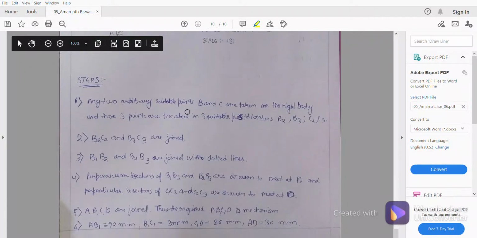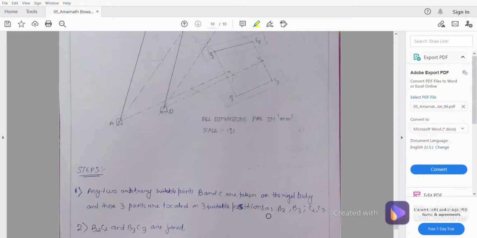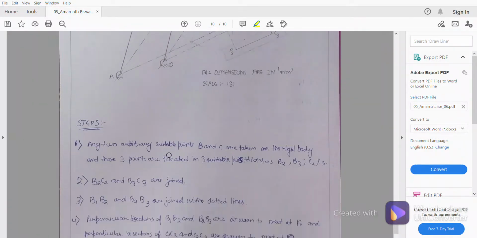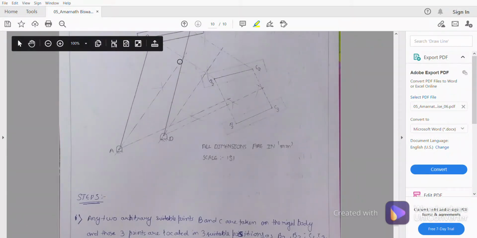After drawing the mechanism, our link lengths are AB1 92, B1C1 30, C1D 86, and AD 36.